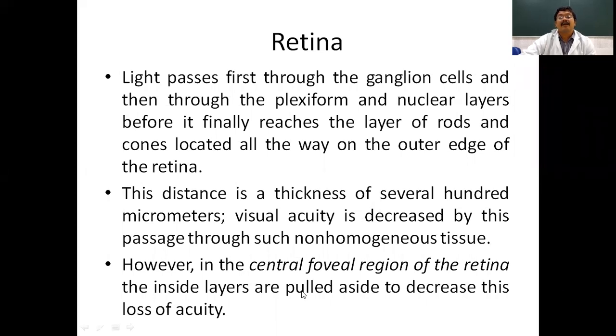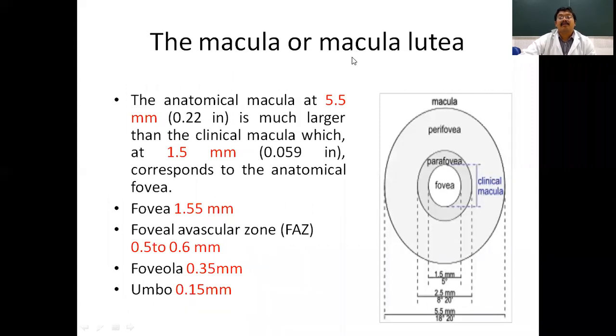However, in the central foveal region, some of the inner layers, like the nerve fiber layer and the middle layers, are missing, which improves visual acuity in the foveal region. The macula, or macula lutea, anatomically has a diameter of 5 mm.